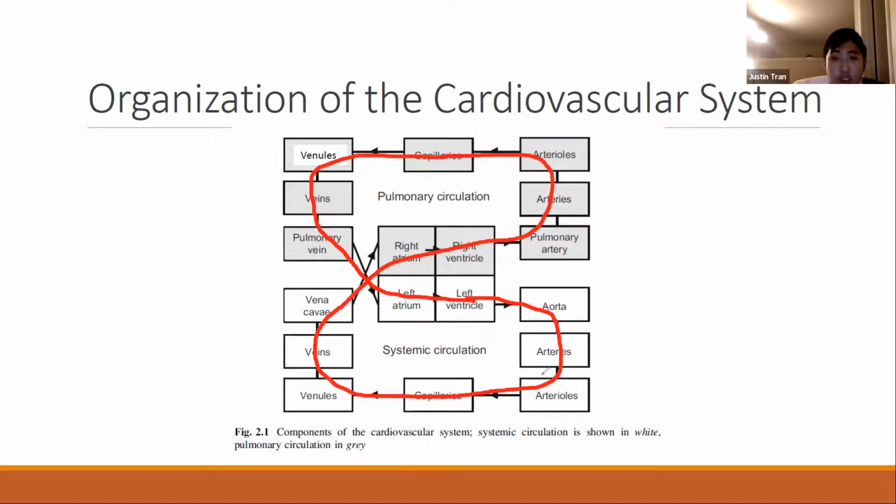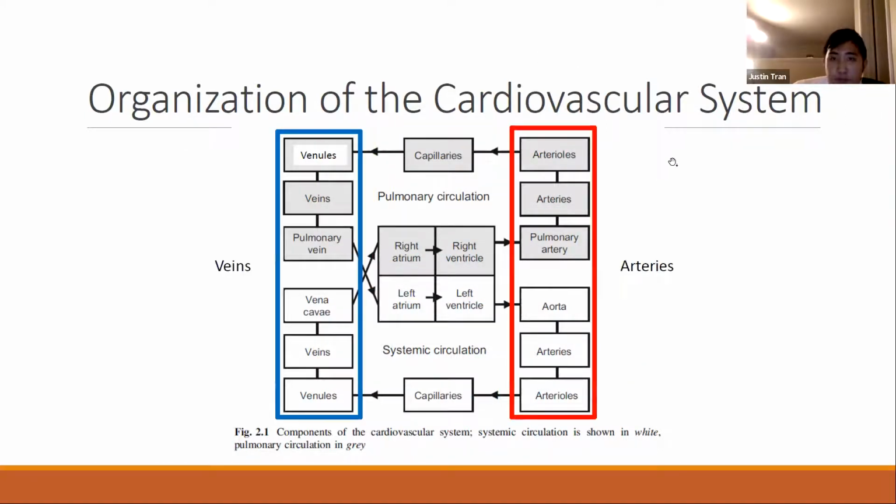All right. Let's go back to the definition of arteries and veins. Remember, arteries take blood away from your heart. Everything on this side of the screen on the right is arteries, because all of these are cases where blood is being taken away from the heart before it reaches the capillaries. But just like we talked about, when blood returns to the heart through the right side, it doesn't have any oxygen yet, because it needs to go through the lungs to get oxygen.